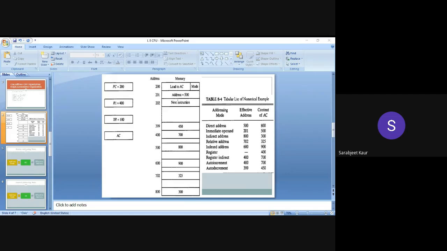The textbook says that one instruction is being stored in two words. So you can see two words here being used to store the same instruction. The next instruction starts at 202. So PC will not be incremented by 1 in this case, it will be incremented by 2. As soon as I fetch my first instruction, PC will be incremented by 2. That is the first very important thing to be noted. As soon as you get a question like this, it is the first thing that you should establish.